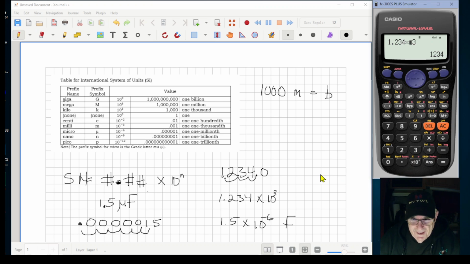Sometimes your answers on a calculator, if it can't display them, let's take some big numbers here, multiplied by a whole bunch of digits. Notice that the calculator automatically expressed this in scientific notation. This is 1.25 followed by whatever values they are, times 10 to the 14th. There are 14 places we have to move that decimal point to get to the whole number.